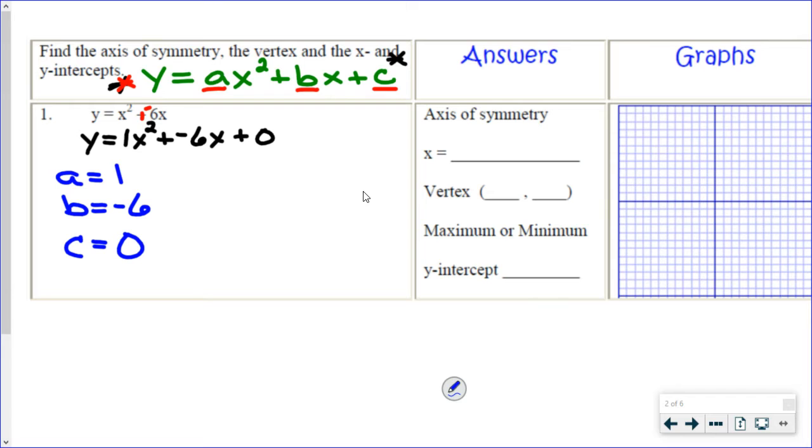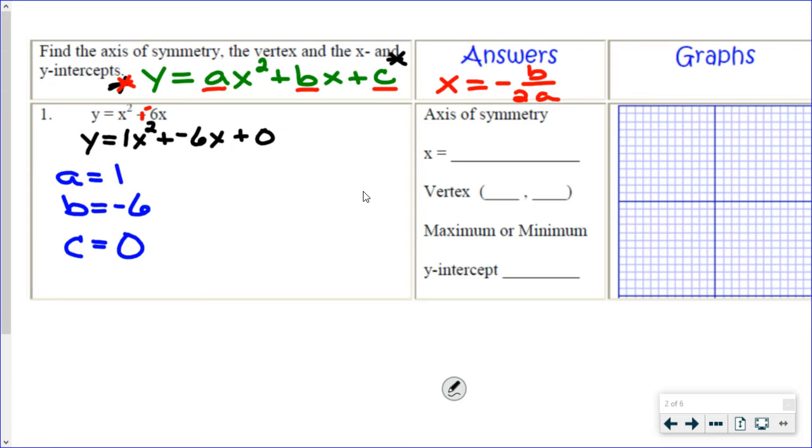Now, if I look at the axis of symmetry, remember the axis of symmetry we learned from the last lesson, and on step 1, what it really is x equals the opposite of B over 2A. Or you could say negative B over 2A. Okay? Okay, so that's an equation you learned in the last lesson.